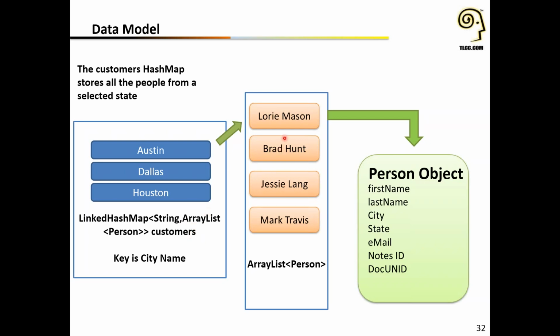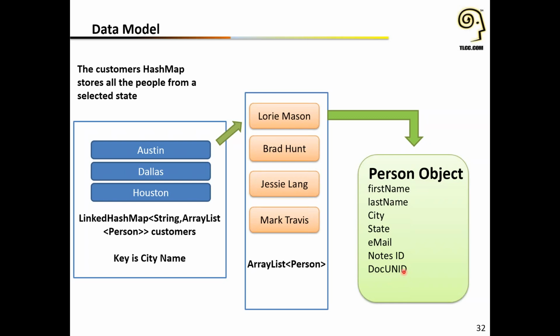So I'm going to create a custom class that's going to store the information about a person. For each person in our ArrayList, we'll have a person object that has everything about them, including the document ID of the actual Notes document.